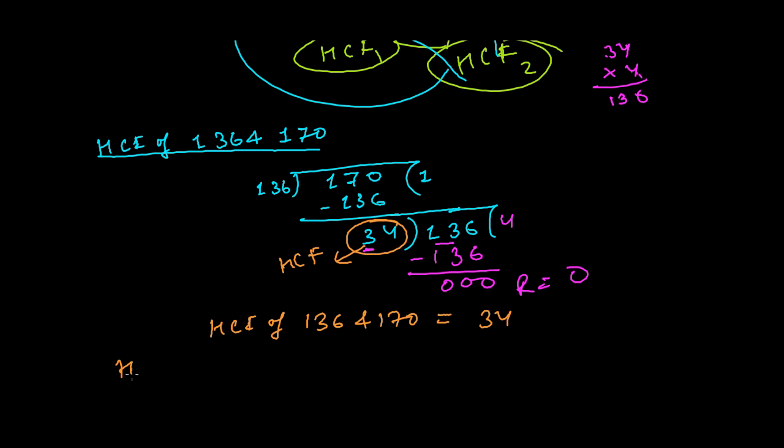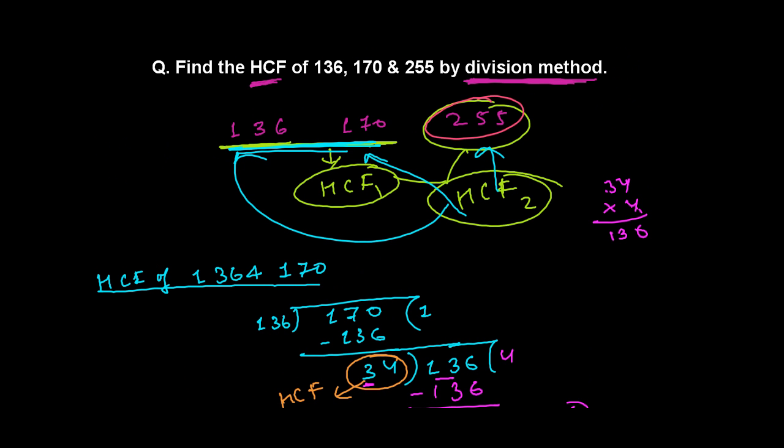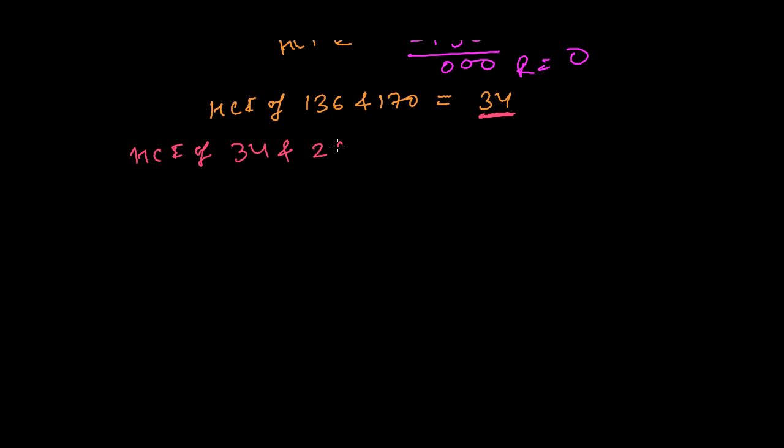Now you need to find the HCF of this result 34 and the third number. Our third number is 255. Again, in the process, you divide the bigger number by the smaller number, that is 34.